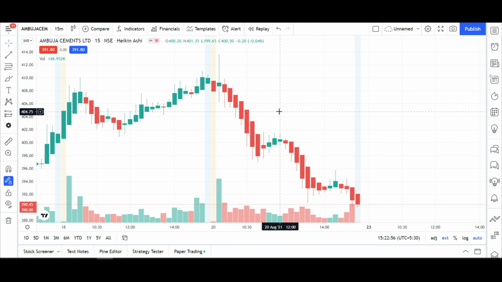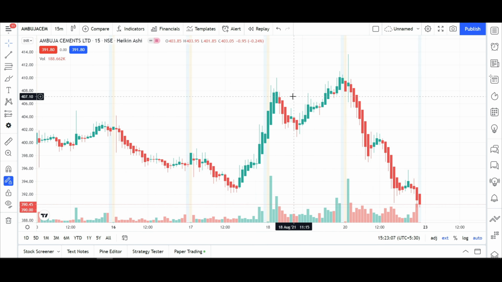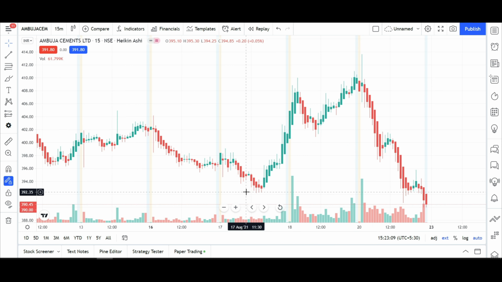So the candles are interdependent and interlinked, and the previous candle is related to the next one. It moves slower as compared to the traditional Japanese candlesticks, and they indicate a very strong trend.